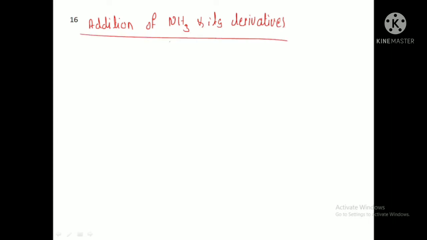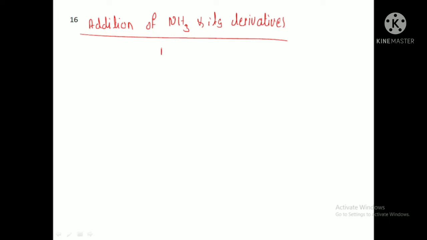Okay. Next is addition of NH3 and its derivatives, that is, the reaction of aldehydes or ketones with ammonia and its derivatives. Let me take a general example.